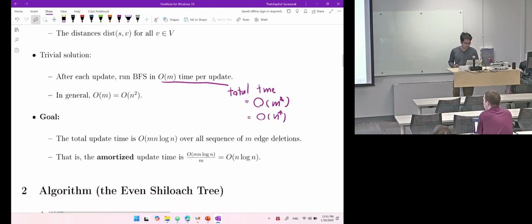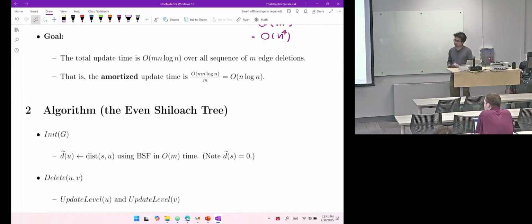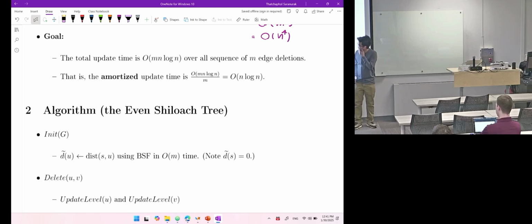Good. So the algorithm is like this. In the beginning, we initialize the estimate d tilde of u to be the real distance. You just do BFS and get the correct estimate at the start. But now the graph can change.